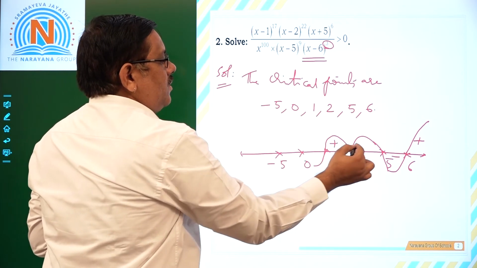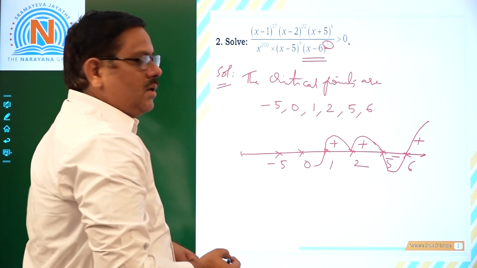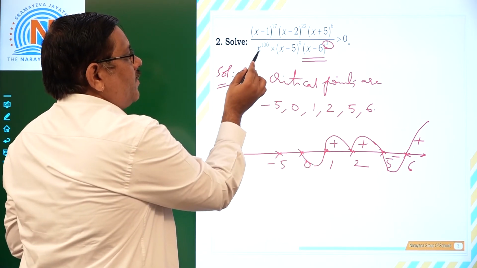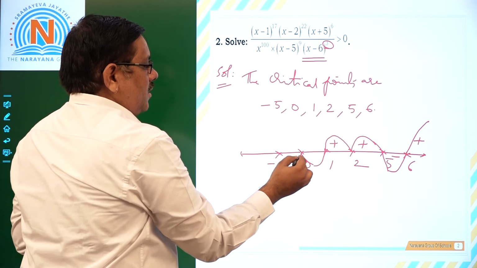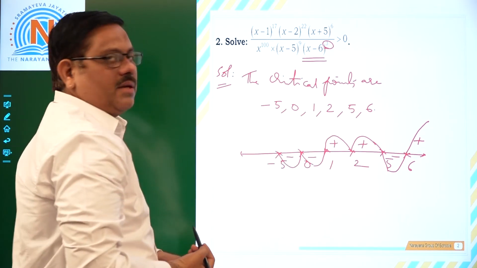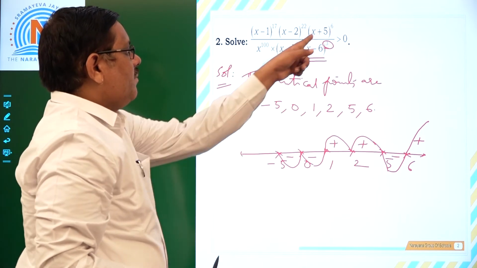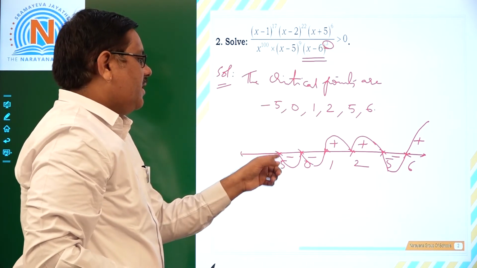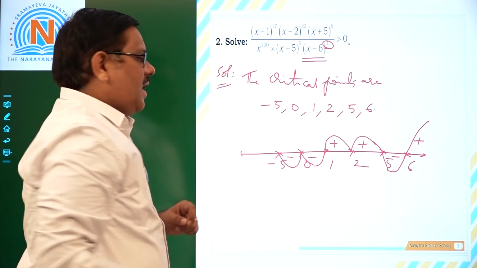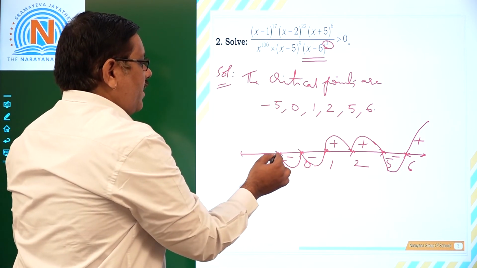It is positive, it moves down till 0. At x is 0, x power is 100, which is even, so there is no change in the nature of the curve. Still it remains minus. Then again at minus 5, because of x plus 5 we have minus 5. So x plus 5 has its power as 6 which is even. As it is even, the nature remains the same.